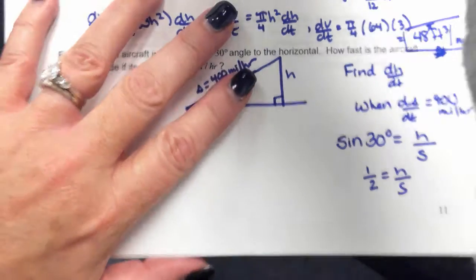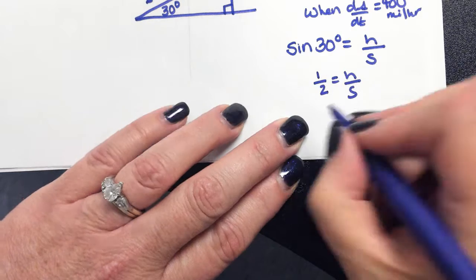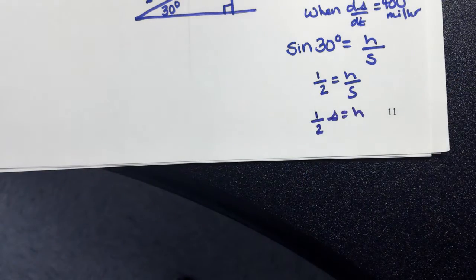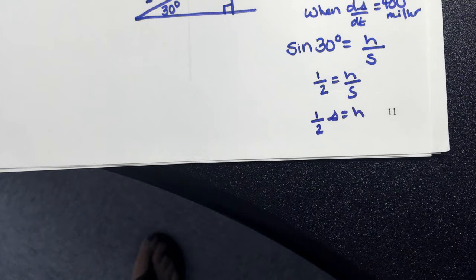So if I want to solve for h, I'm going to multiply both sides by s. So I have 1/2 s is equal to h. Any questions on how I've set that up? Now we're ready to go ahead and take the derivative. So I have 1/2.